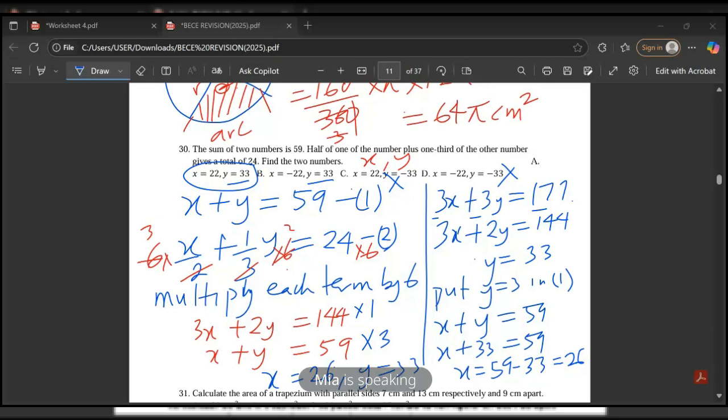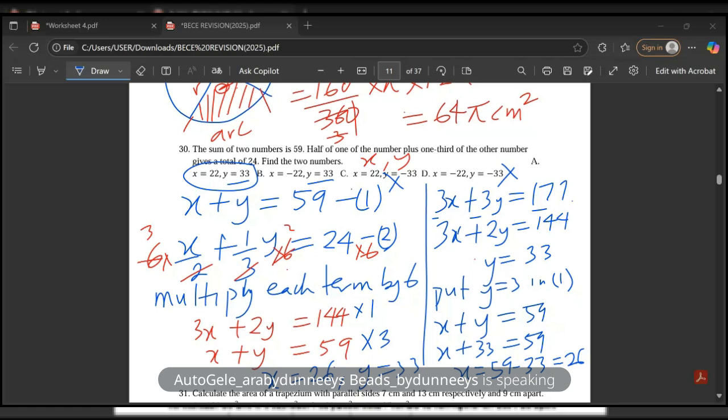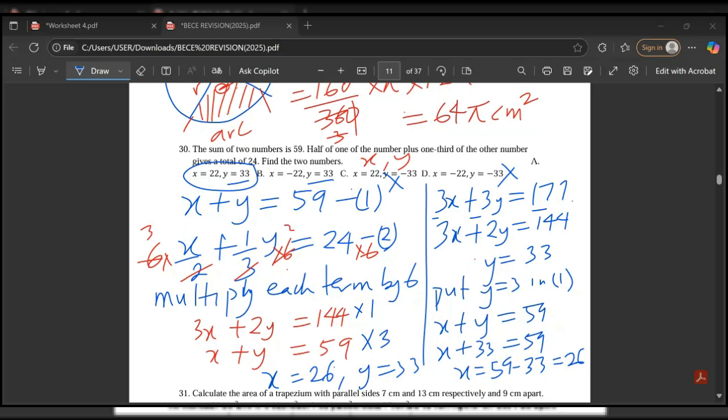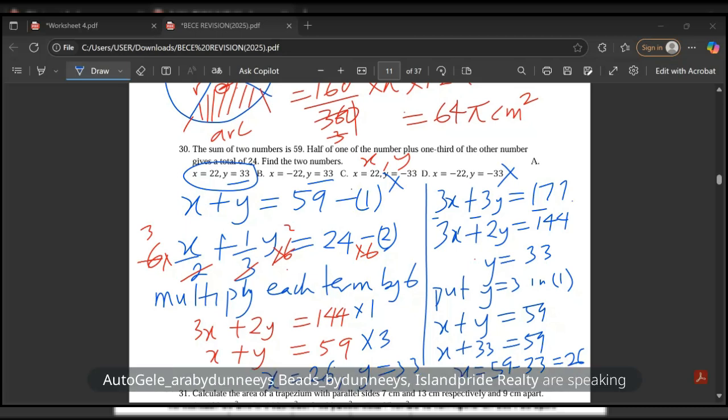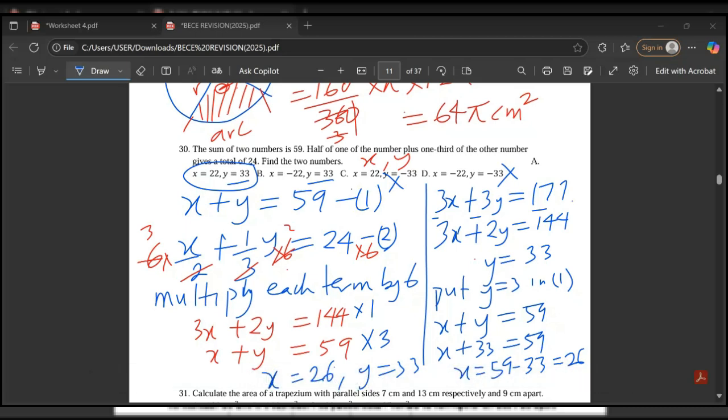Find the volume of a sphere with radius 6 centimeter. Sir, please can you explain variation? Okay, I've noted that variation. And sir, find the volume of a sphere with radius 6 centimeter. Okay, I've noted it. And sir, can the divisibility rule be used for mass? Divisibility rule. Okay, all right. Any other question?